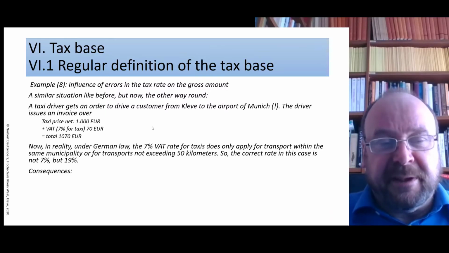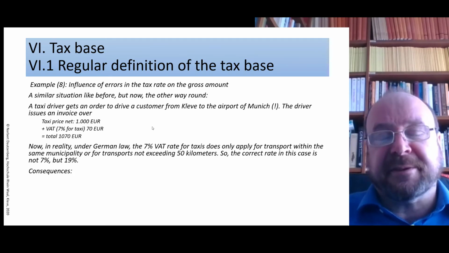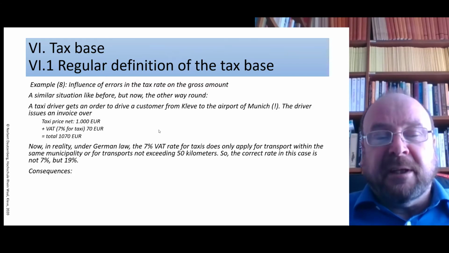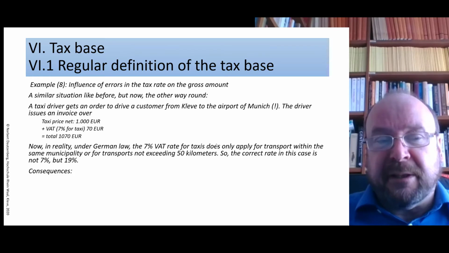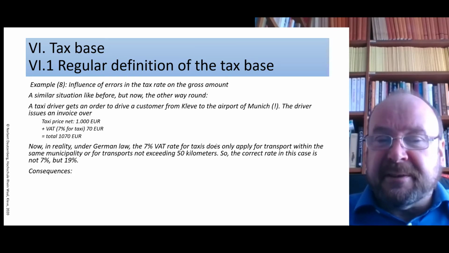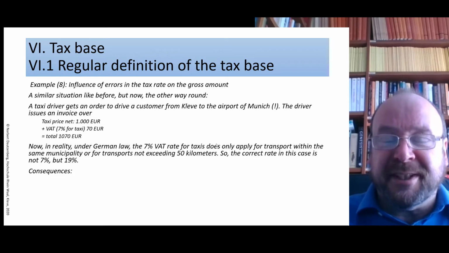Now we have here example 8. What do we have if we have influence of errors concerning the tax rate? Imagine a similar situation like before, but now just the other way around. A taxi driver gets an order to drive a customer from Kleve to the airport of Munich.